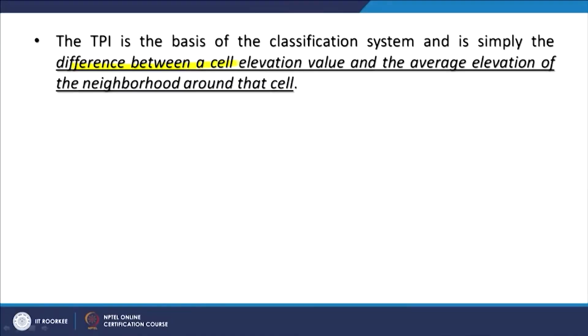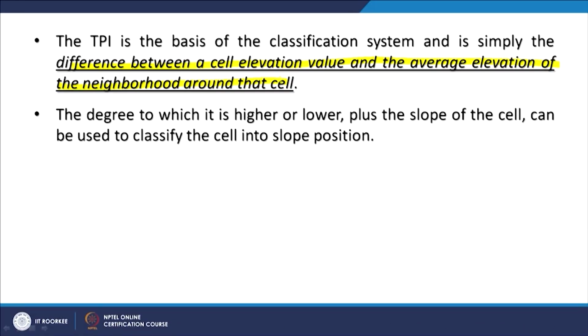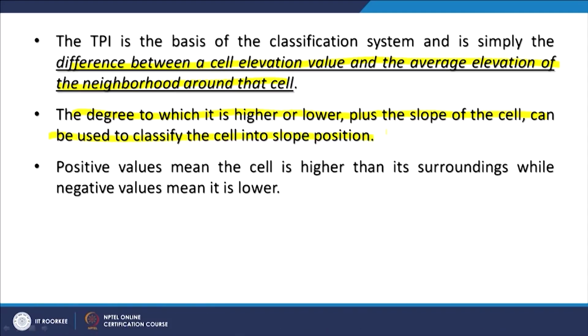Now the basis of the classification in case of TPI is simple, that is the difference between a cell elevation value and the average elevation of the neighborhood around that cell. That is why it is called an index. Basically it is calculating a ratio, and the degree to which it is higher or lower, plus the slope of the cell, can be used to classify the cell into slope position.